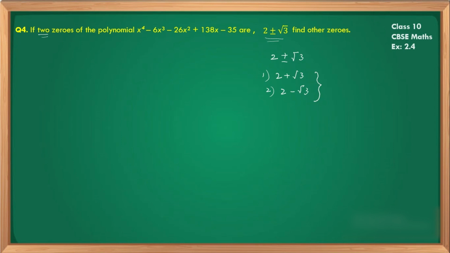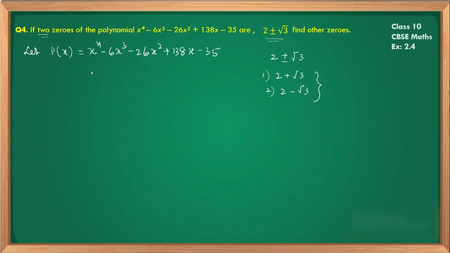Very good. Now these are the 2 zeros of this polynomial. Well, now they are given 2 zeros. Our duty is to find out other zeros. We know very well it is only a total of 4 zeros we have. 2 are given, 2 to be found out. Now how to start? As usual, let P(x) equal x to the power 4 minus 6x cube minus 26x square plus 138x minus 35.